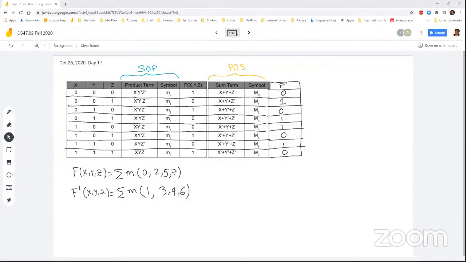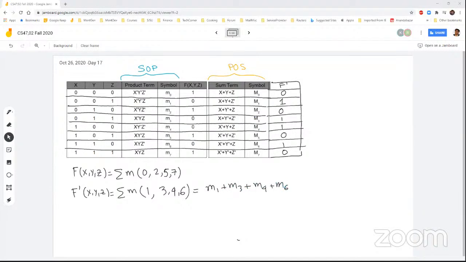So this is purely by definition, right? This is purely by definition. So this means I have these, this is like an M1 or M3 or M4 or M6.